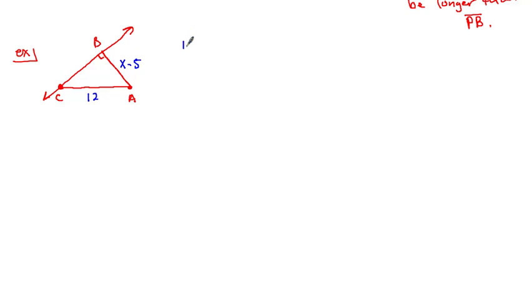And your instructions will say, write and solve an inequality for x. What that means is you're going to write down and solve a greater than less than problem to find out what x could be.